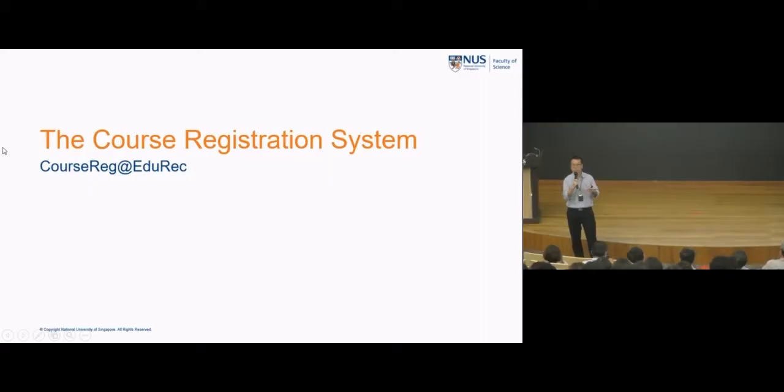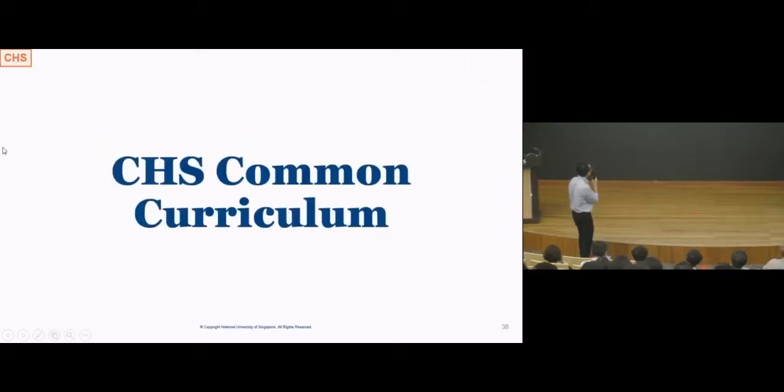And there is a decision system behind that eventually makes allocation to tell you whether what you want is what you got. Okay? So this is the course registration system which I'm going to talk about.